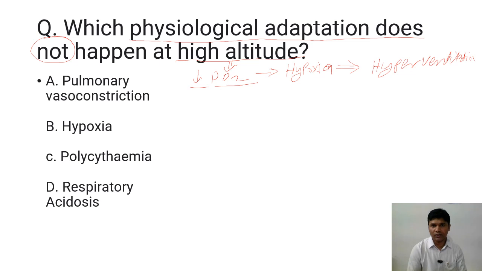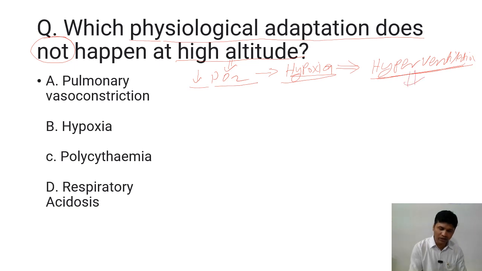Hyperventilation. Because oxygen is decreased, the body is not getting enough oxygen, so they will utilize more oxygen and carbon dioxide will increase. In response to hypoxia, there will be hyperventilation.